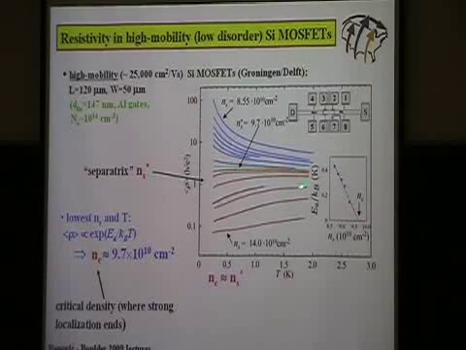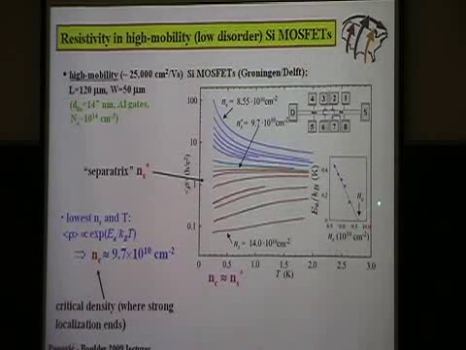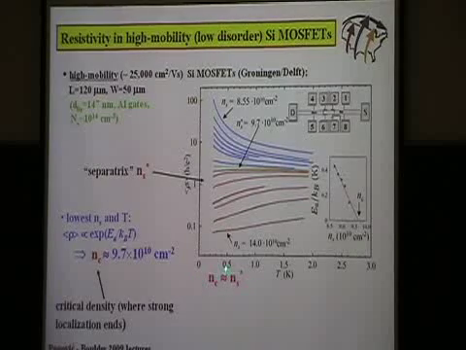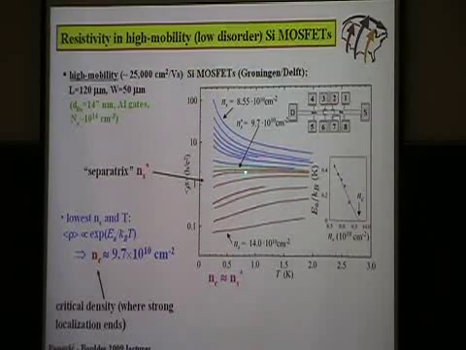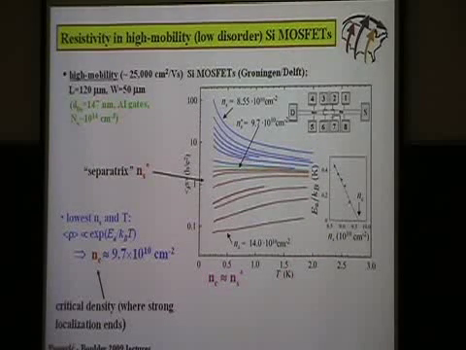So when the activation energy goes to zero, you can say, okay, this is where we are no longer in the insulating state, and this is where the critical density should be. It turns out that in these high mobility samples, this separatrix essentially coincides with the critical density for the metal-insulator transition.